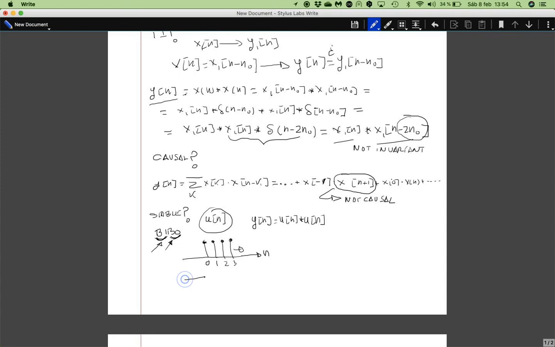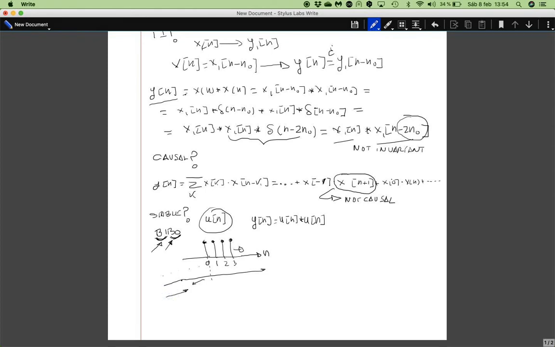To do the convolution, remember that what you have to do is fix one of the signals. In this case, both signals are the same. So we think that u[n], for example, is this one. The other u[n], what we have to do is reflect to the left and delay tau units. So if we reflect the signal to the left, basically what we will have is the Heaviside step to the left, and then we start moving it to the right and finding out when this signal that is moved to the right encounters this signal, and then start multiplying each of the samples.